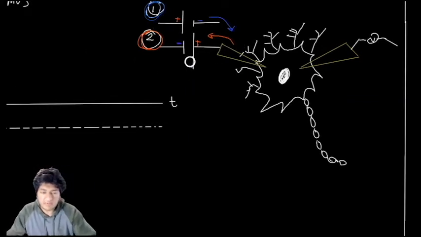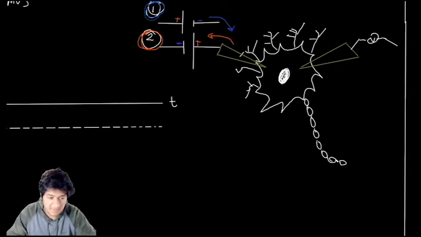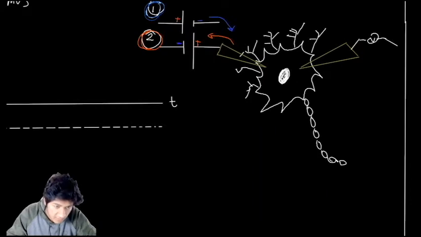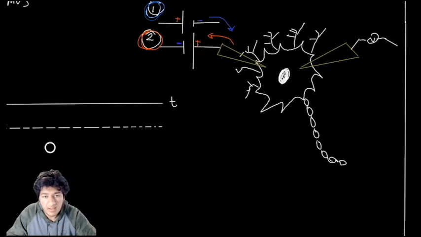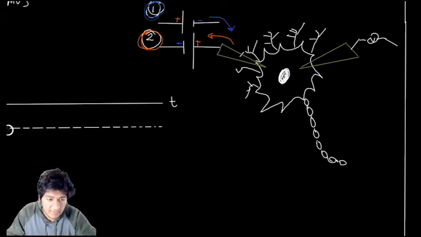So let's talk about the blue one first. Obviously, we're going to start here at negative 60 millivolts. I'm just going to draw it a little bit above so we can see the difference. Now what's happening is I'm adding more current. I am making it more negative because negative current is flowing inwards. If I stimulate it a bit, I'm going to see a sharp drop and then a return back when the stimulus is turned off.